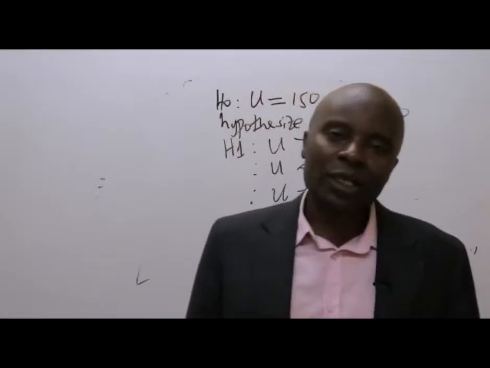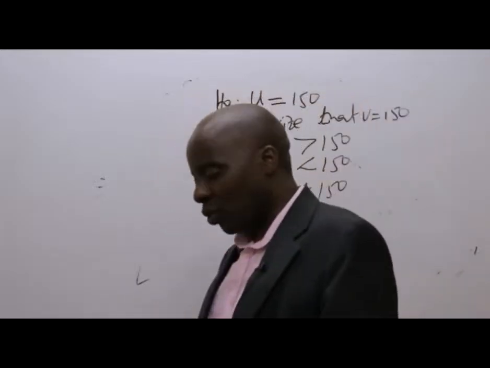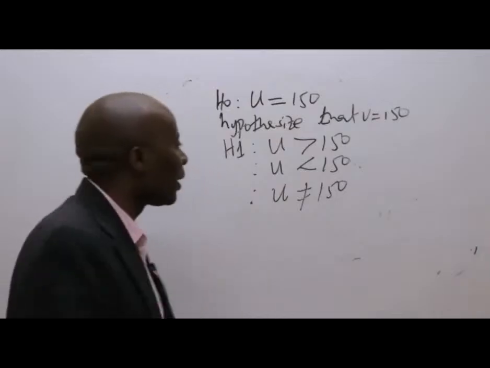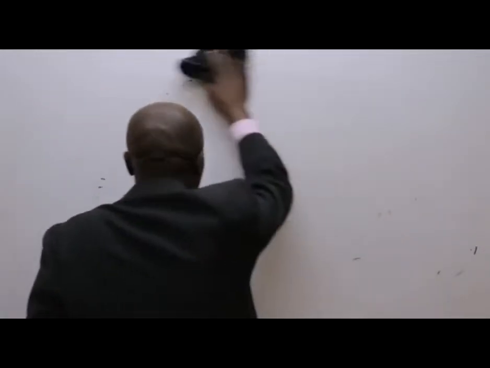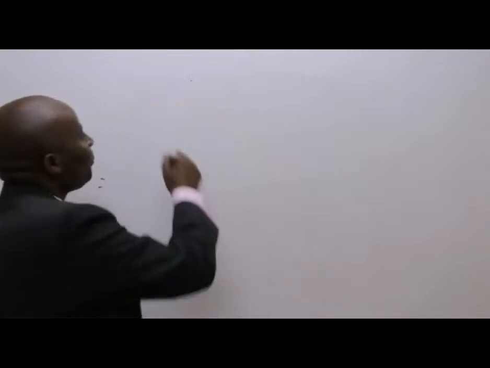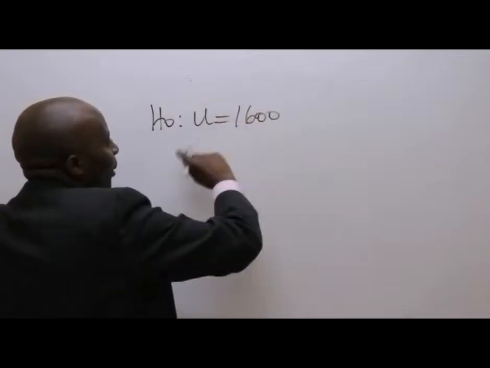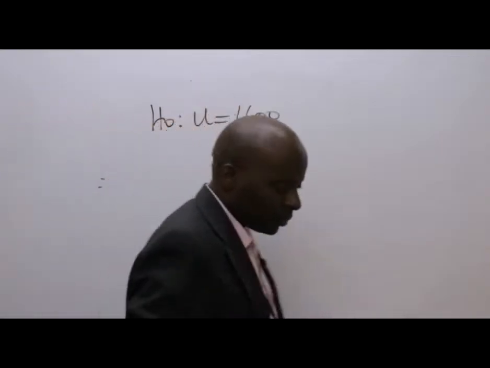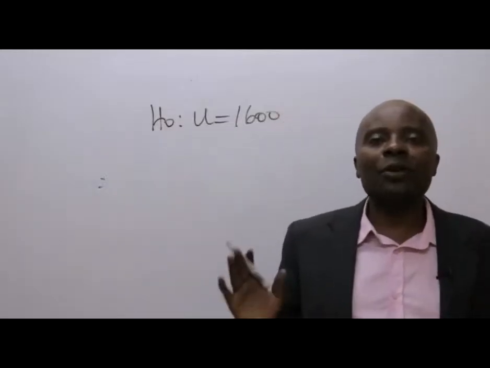So please let us go back to the question that we were doing, ladies and gentlemen. What we have here is a situation where some manufacturer is making quite a crazy claim. He's saying that when I give you my bulbs, the whole population of these bulbs will last 1,600 hours.